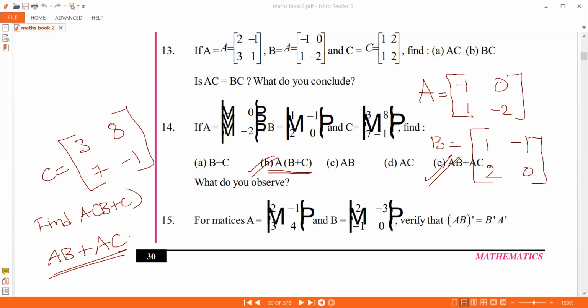So I'll do AB first. So AB is equal to minus 1 into 1 plus 0 into 2, and then minus 1 into minus 1 plus 0 into 0.